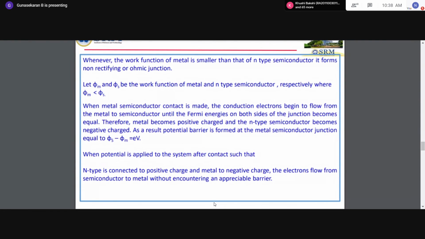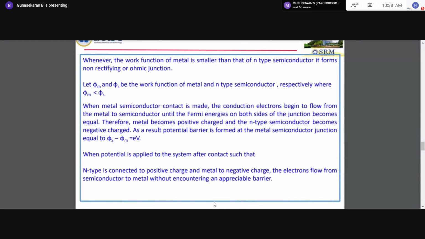The resulting potential is given by phi s minus phi m, equal to eV. So the potential is applied to the system after contact, such that the n-type is connected to positive and the metal is connected to negative. The electrons will flow from semiconductor to metal without encountering any appreciable barrier.